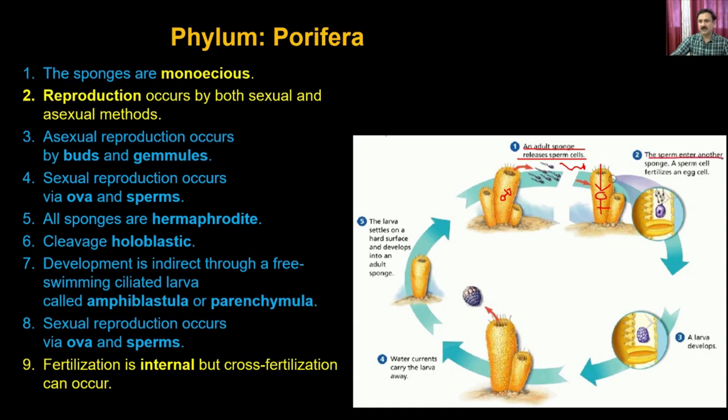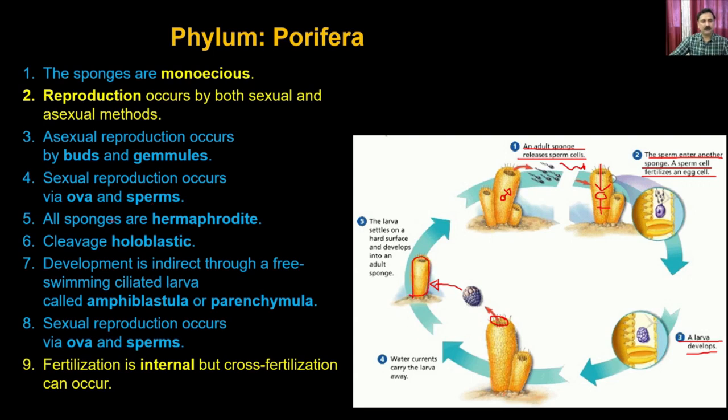So the sperm enters into another sponge, and a sperm cell fertilizes an egg cell. The eggs are present inside and get fertilized. Then the larva is developed, and the larva comes out from the opening, goes and sticks to another rock, and that's how this larva develops into a sponge.